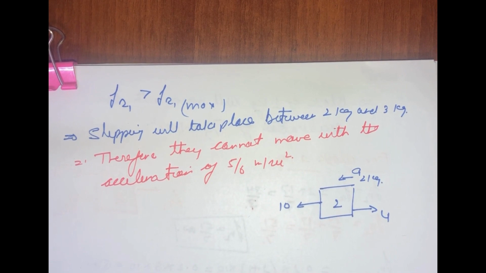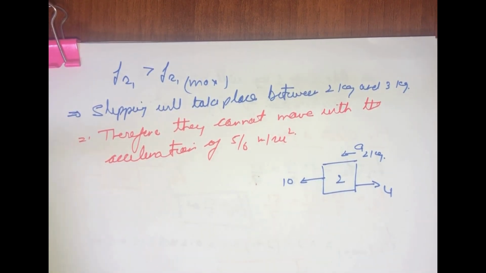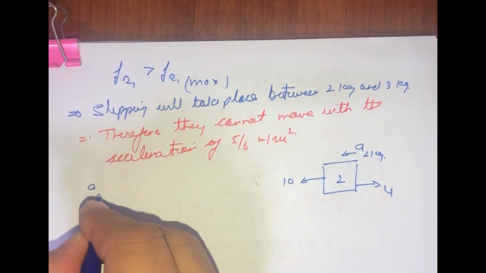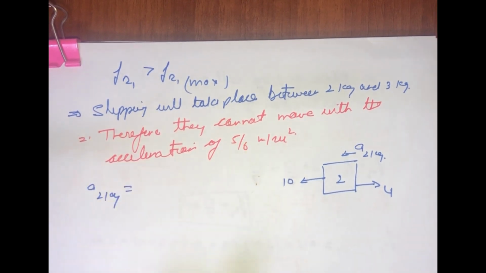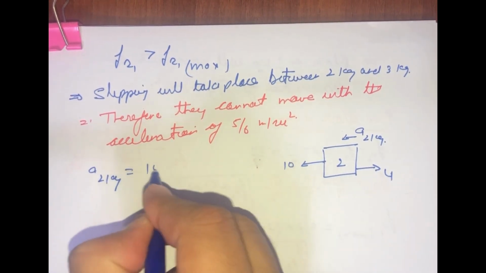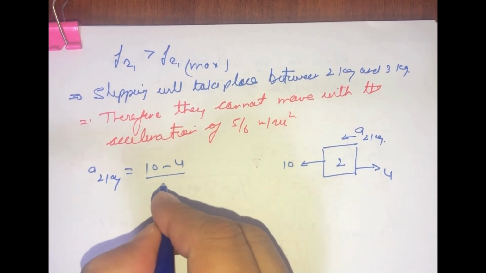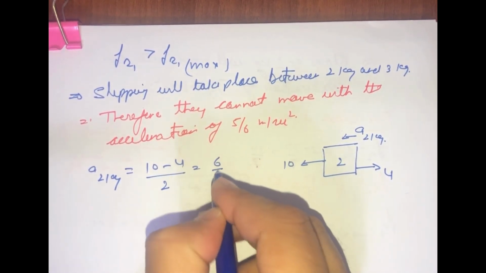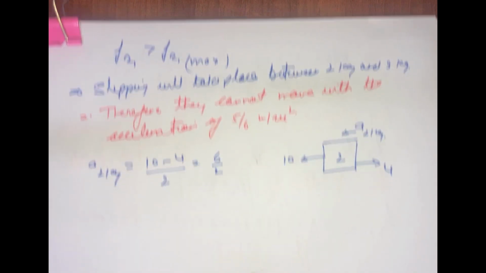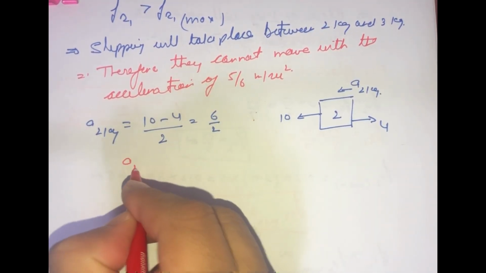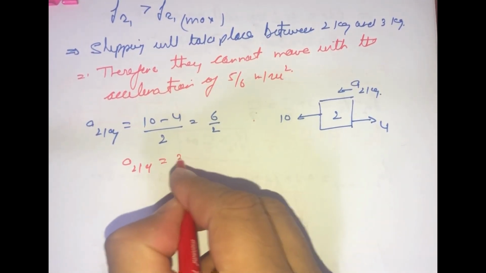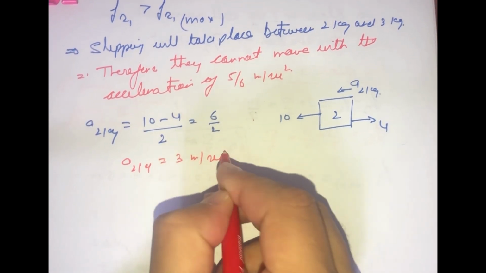So from here we can write that A of 2 kg is equal to 10 minus 4 divided by 2, which is 6 by 2. So we get the acceleration of 2 kg will be equal to 3 meter per second square.